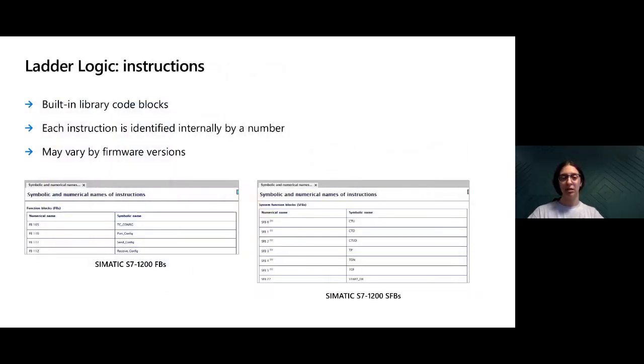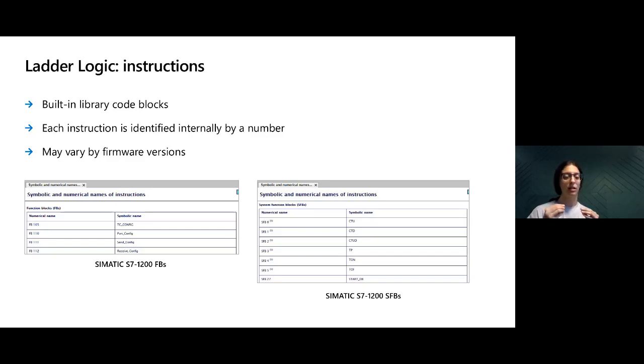Okay, so instead of programming every functionality we need, Siemens provides us with built-in library code blocks that can be called throughout the program. These code blocks are called instructions, and they are implemented behind the scenes using function blocks and system function blocks.